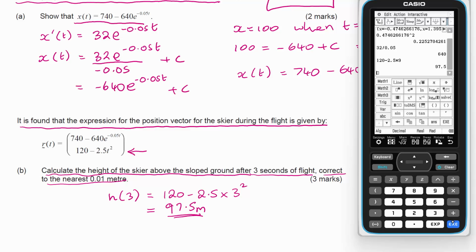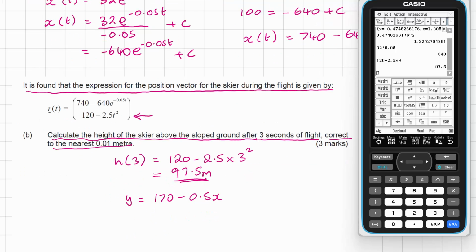Now, the equation for the slope was 170 take away 0.5x.